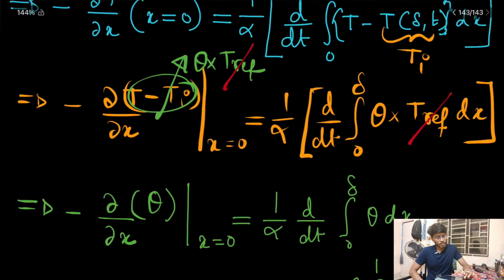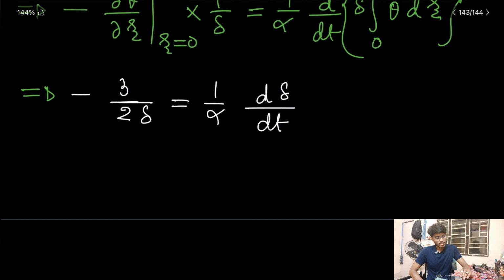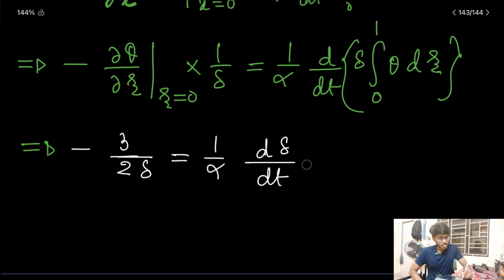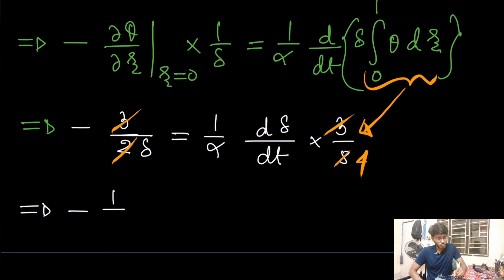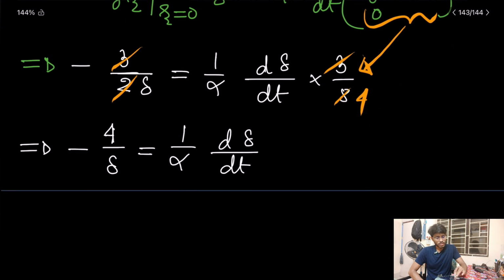So 3 by 8, so this will be into 3 by 8. So I can cancel out this 3, this will be 4, okay. So then I can have 1 by delta is 1 by alpha d delta dt, I can write this 4 here, okay.